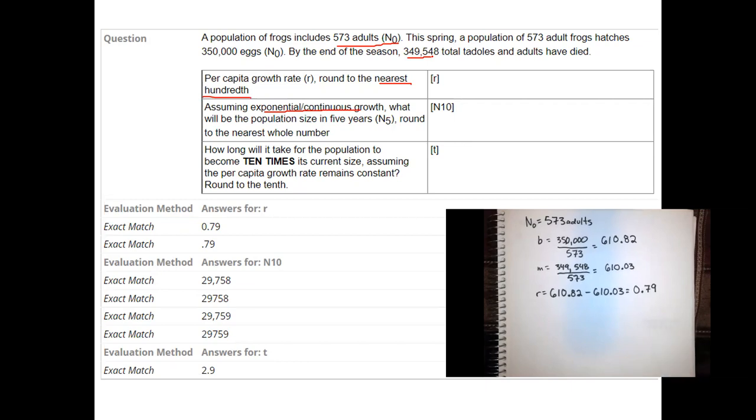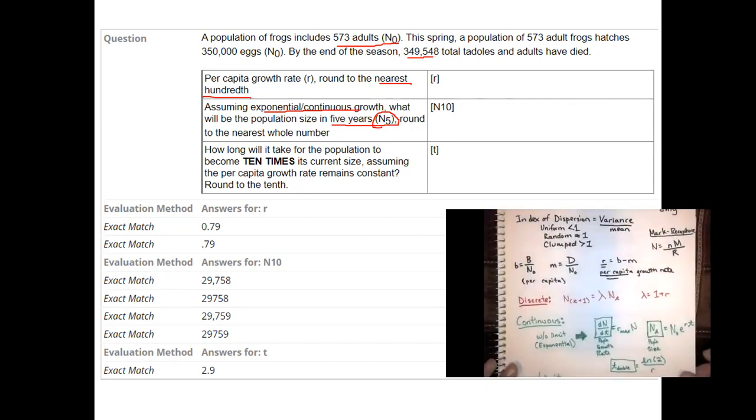Now, assuming exponential or continuous growth, what is the population size going to be in 5 years? So I clarify that with N5. First of all, this is continuous exponential growth, so we want to use this set of equations here.